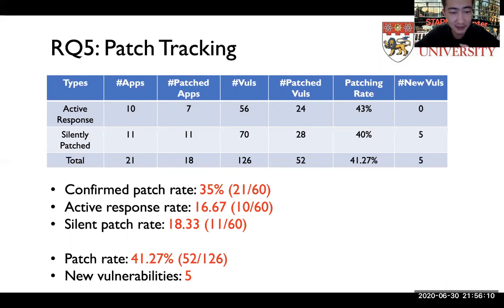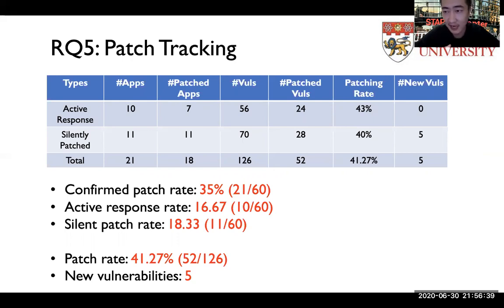Another 11 banks also patched our reported vulnerabilities, but we did not receive any response from them, though they indeed patched our reported vulnerabilities. Until now, 52 reported vulnerabilities have been patched, so the patch rate is 41.27%.